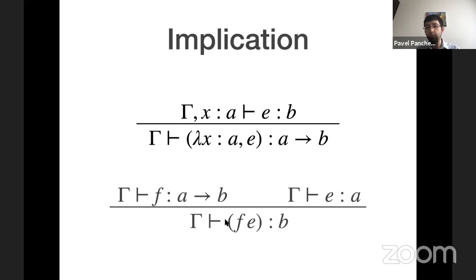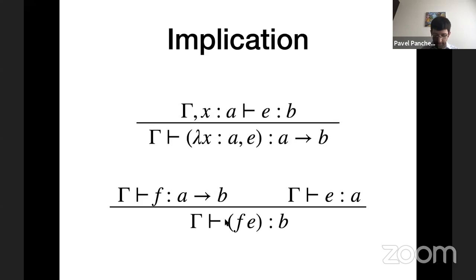And we can introduce other proof rules. So here's the proof rule for using implications. Remember that to use an implication, if we know that A implies B and we know A, we should be able to learn B. And all I've done here is give a name to my proof of A implies B and a name to my proof of A. And then I've invented a new little piece of syntax, which is going to look a lot like function application.